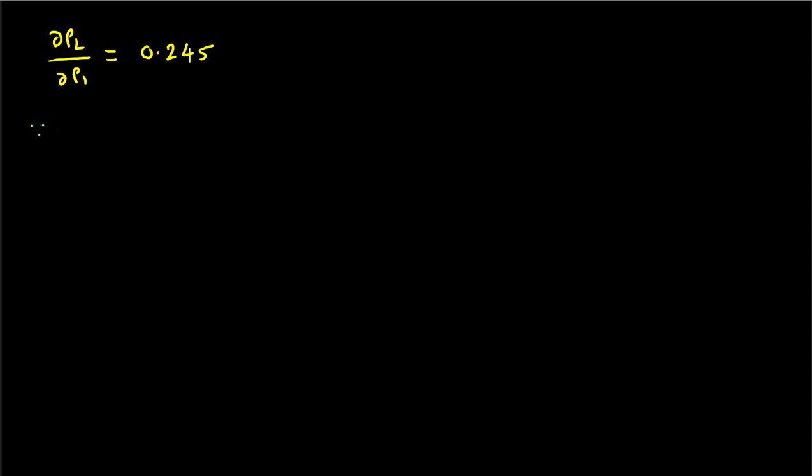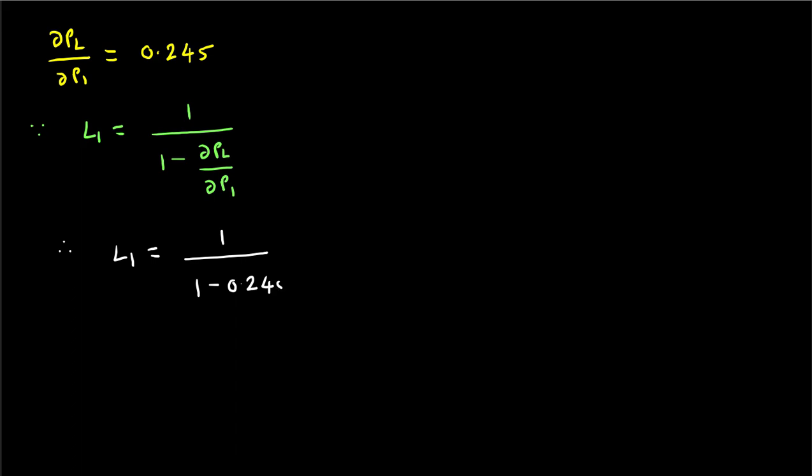Now we can use the expression for L1. Since L1 is equal to 1 upon 1 minus ∂PL by ∂P1, L1 will be equal to 1 upon 1 minus 0.245.